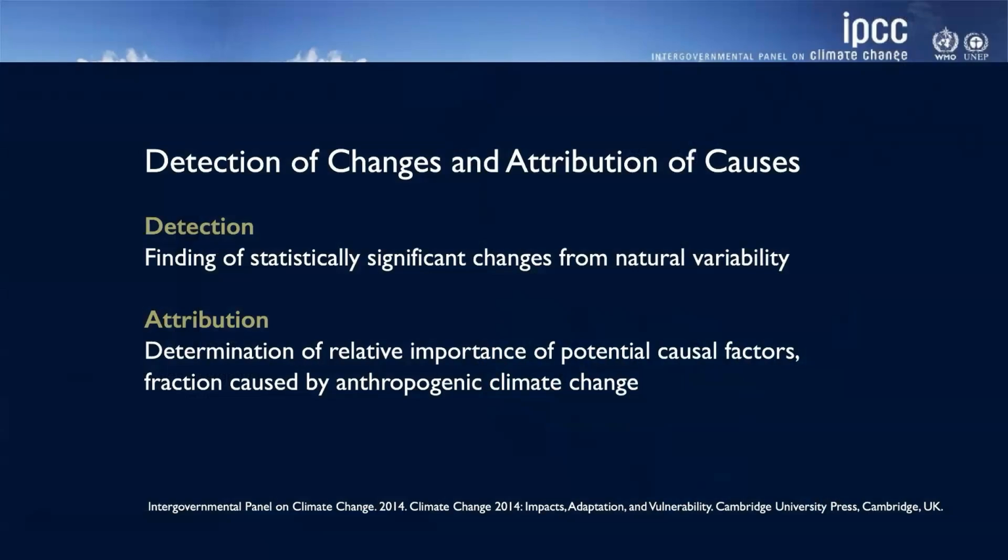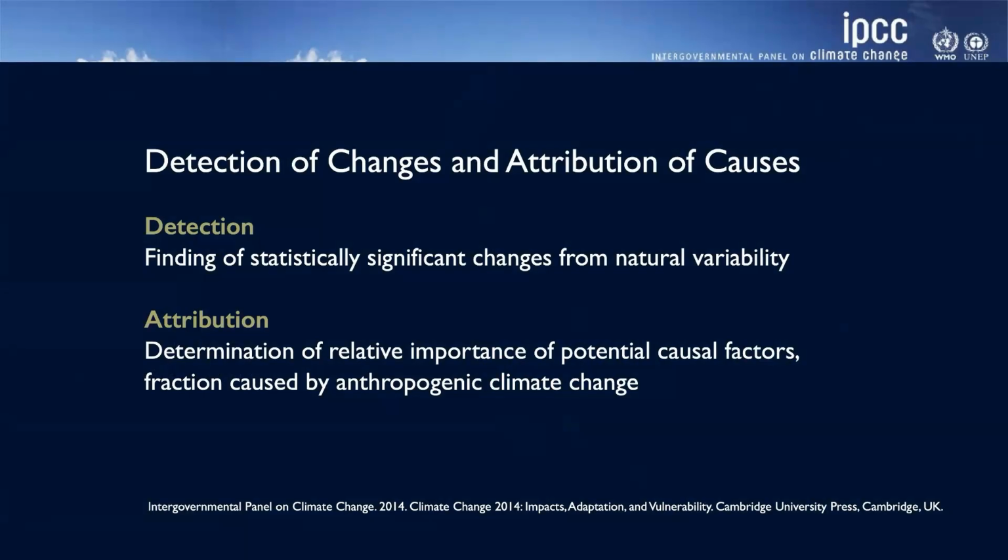Okay, I'm going to show you now a series of ecological impacts. And the research has gone through these two scientific procedures, detection and attribution. Detection is finding a statistically significant difference from natural variation.